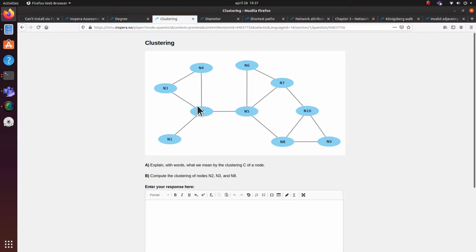So the clustering of node 2 here, let's call it just C2, equals 1, since that's the number of triangles, divided by 4, which is the degree, multiplied by 3 divided by 2, which is 1 divided by 6, which is 0.166, repeating.